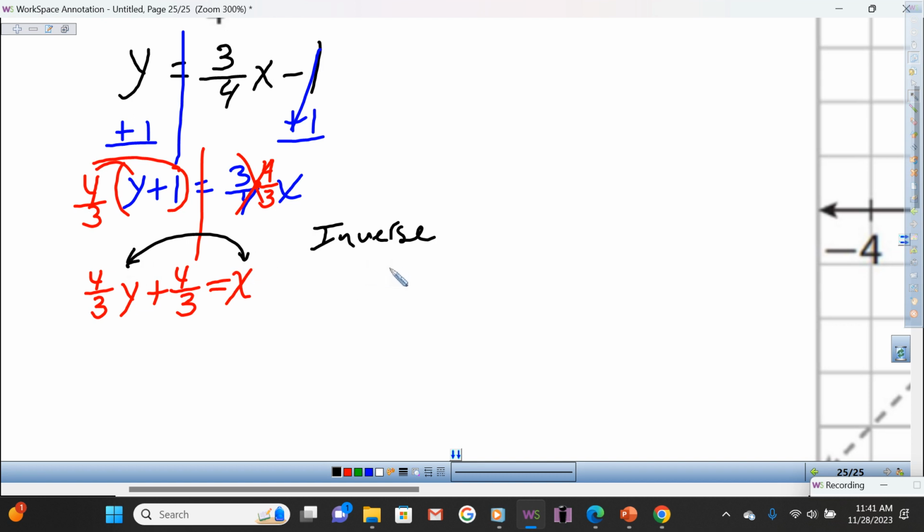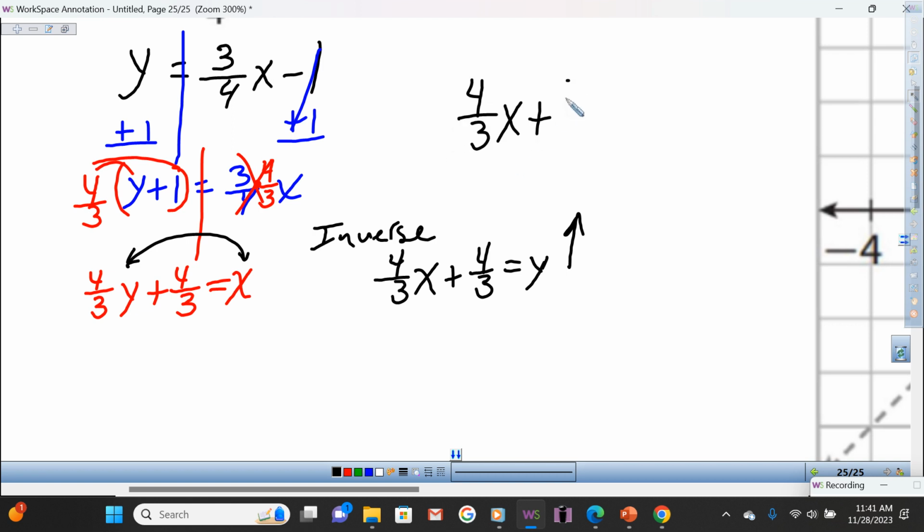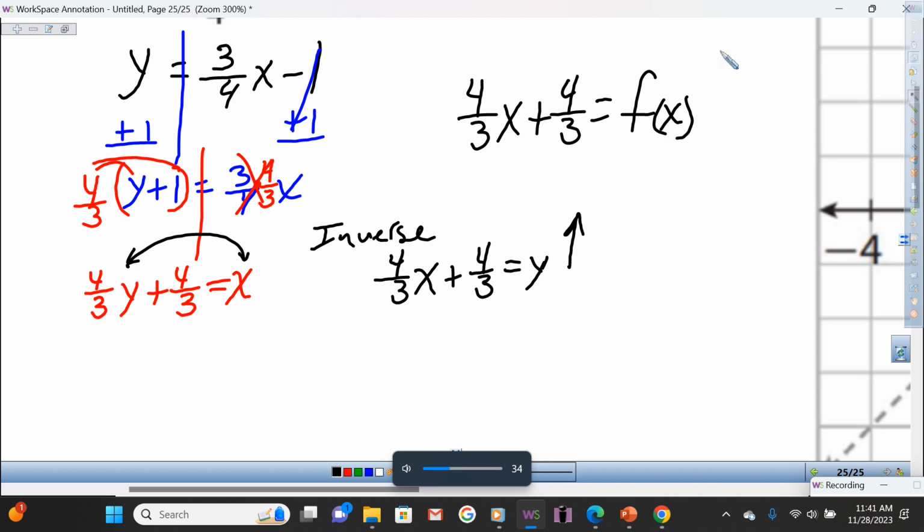So we end up with 4/3 x plus 4/3 equals y. And can we leave it in y form? No, we need function notation. So this is 4/3 x plus 4/3 equals f of x, with a little inverse notation there. And this is my inverse.